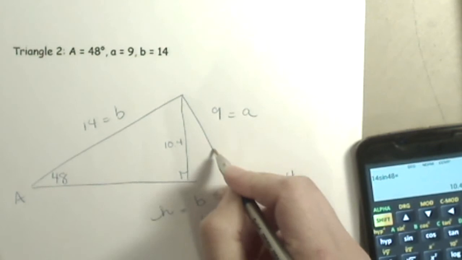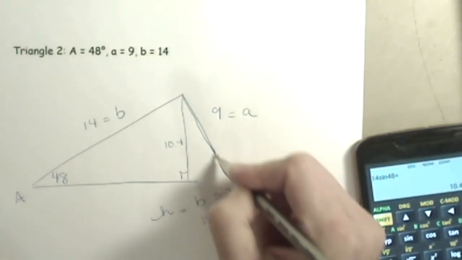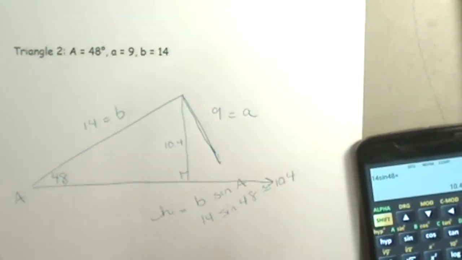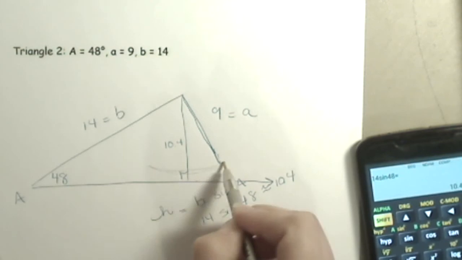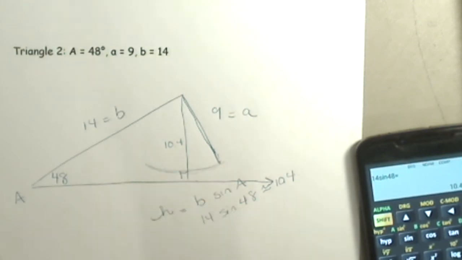Uh-oh, 9 is shorter than 10.4, so it won't even reach the bottom side of this ray, this undetermined length that we can play with. It's just going to swing back and forth and back and forth, and we will never even get a triangle, so we don't have to solve this one.